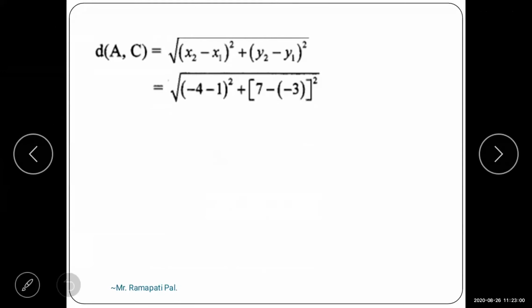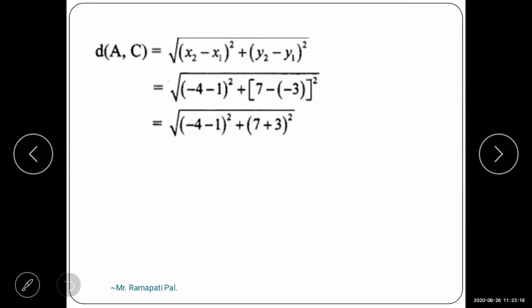We know that minus and minus become plus. So minus 4 minus 1 is minus 5 whole square, and 7 plus 3 is 10.